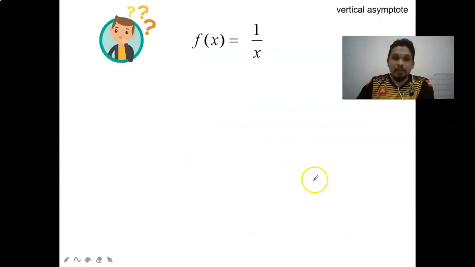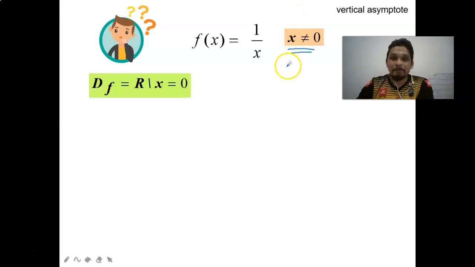Okay, now, f(x) equal to 1 over x. x cannot be equal to 0, because 1 over 0 is undefined. So automatically, this is your vertical asymptote. And at the same time, this is also your domain.